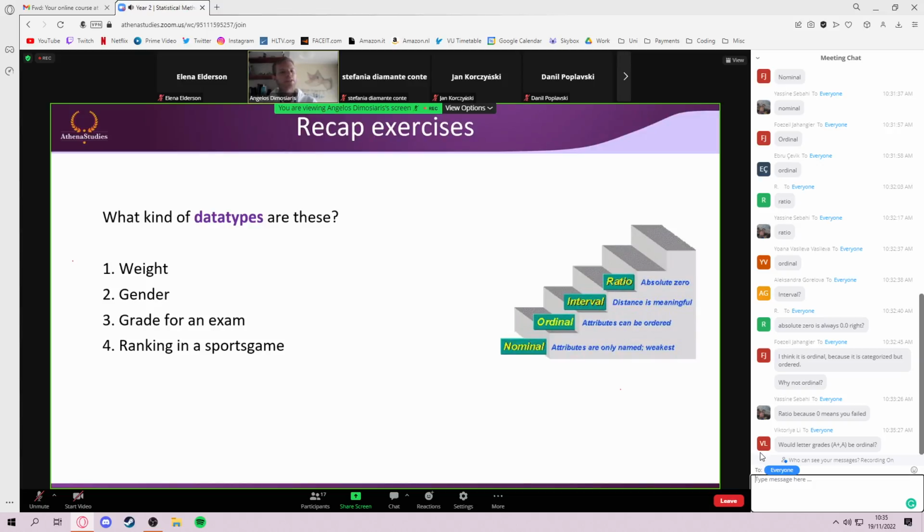Yes, I don't have any experience with these types of grading, but there is A plus, then A and A minus, then there's B plus, and yeah. So if you add these values and they make a meaningful result, then it's at least an interval type of measurement level.